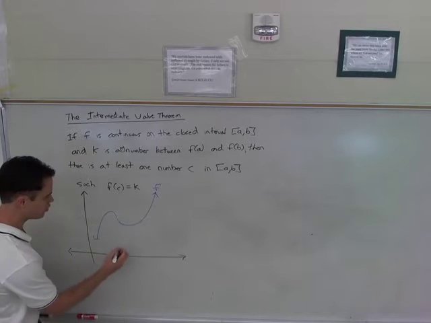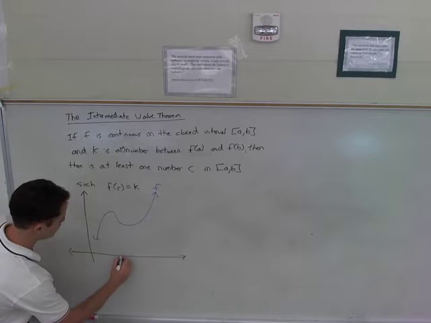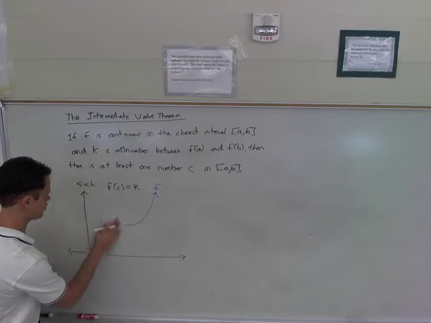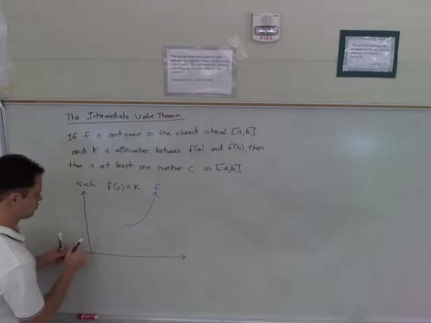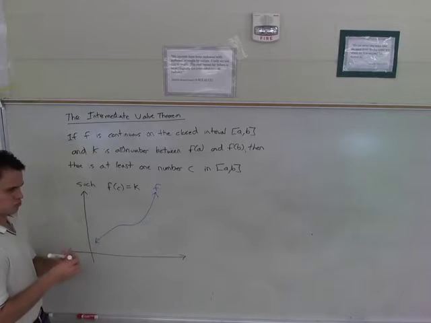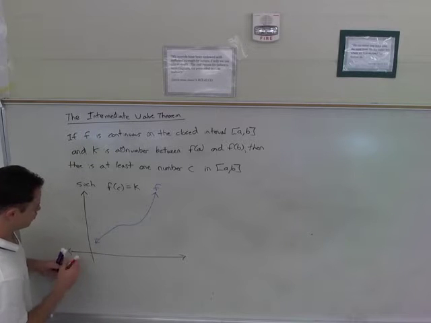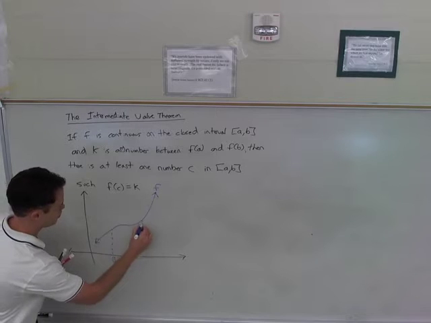So let's pick an interval somewhere in there. I'm going to make this less curved, make it easier on you guys. Let's go like this. Doesn't matter, but easier to see this way. So let's start there.